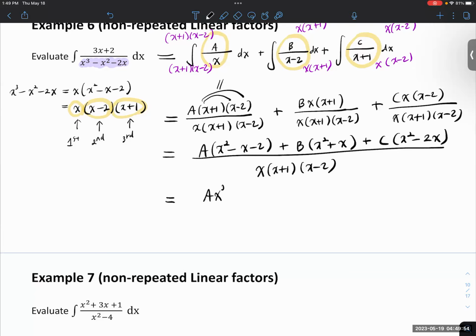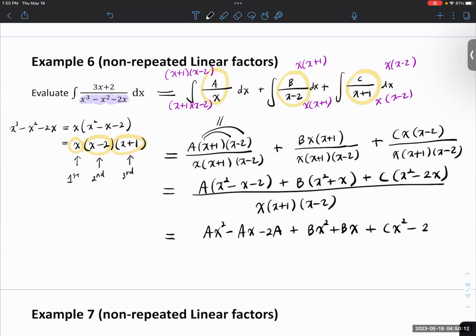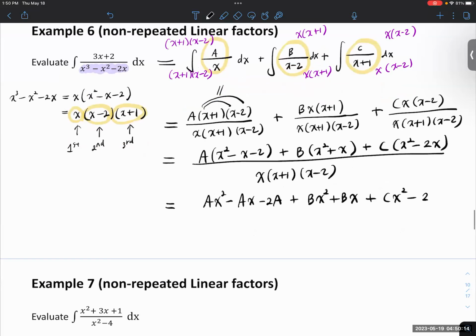I think I have a little bit of a typo. Actually, we are right. So we have minus 2cx, over x times x plus 1, x minus 2.